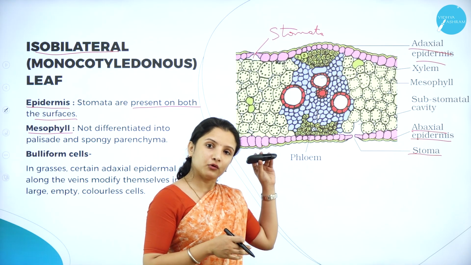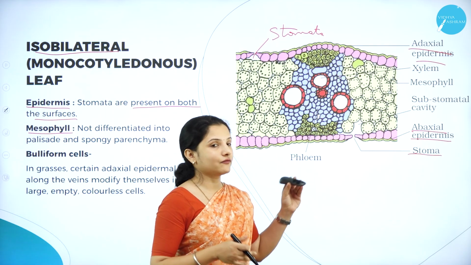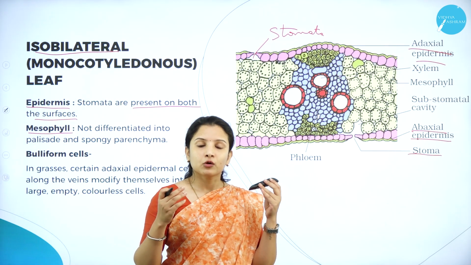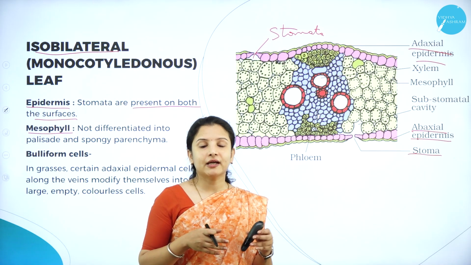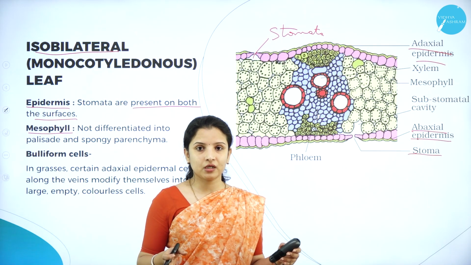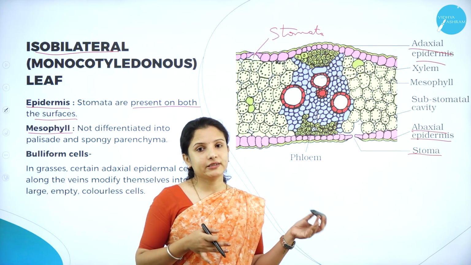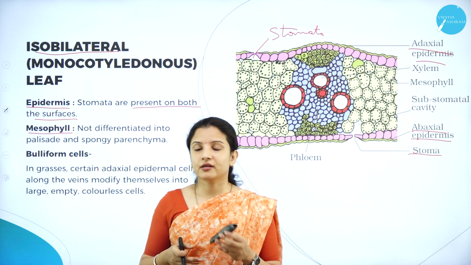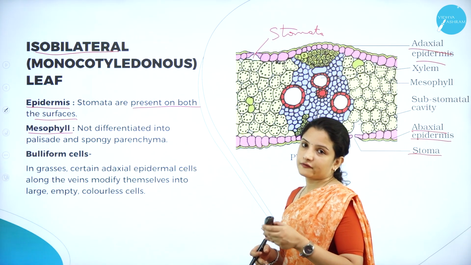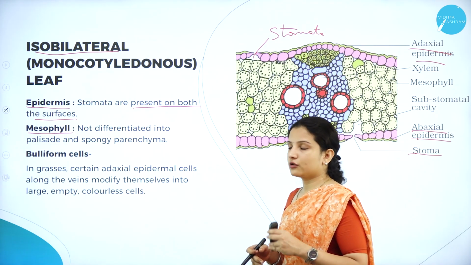But in the case of monocotyledons, they only have one kind of parenchyma cells, and there is an absence of palisade parenchyma and spongy parenchyma. This is one of the major differences between the dicot and the monocot leaf.